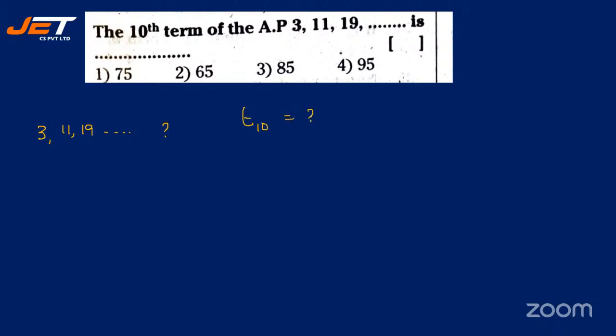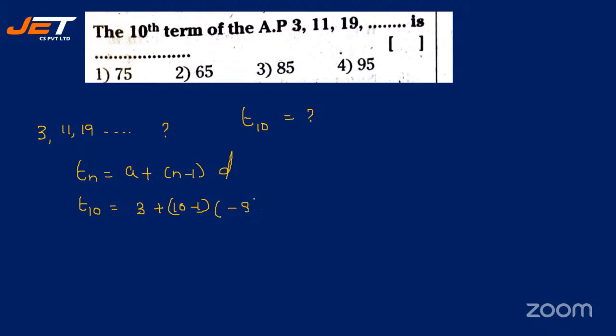Now what is the formula for Tn? Again, you need to write A plus n minus 1 into d. So we want T10, the 10th term. A is 3 plus n minus 1, 10 minus 1, into d, which is 11 minus 3.